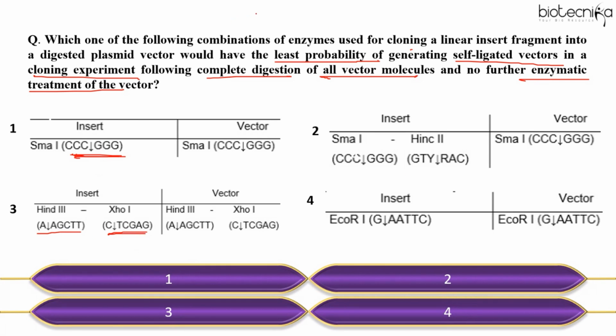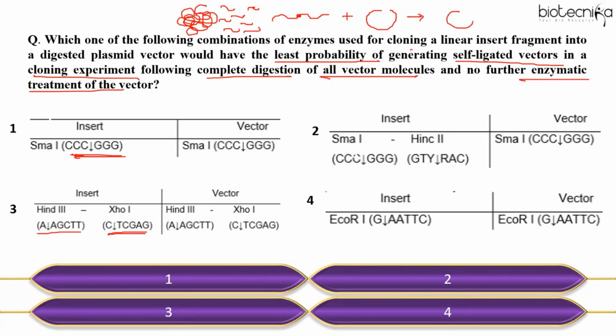So in cloning, what do we do? We have a DNA fragment with a gene of our interest, and we introduce it into a vector. So you have to perform restriction digestion of your vector. Similarly, if you have genomic DNA, you perform restriction digestion and generate several fragments, and whichever fragment has your gene of interest, you ligate it to your vector, right?